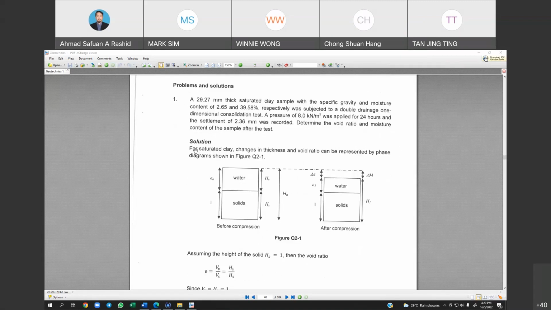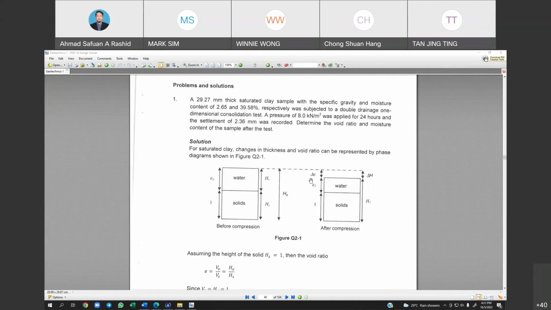So for saturated clay, changes in thickness and void ratio can be represented by the phase diagram shown in figure Q21. This is before the compression and this is after the compression.